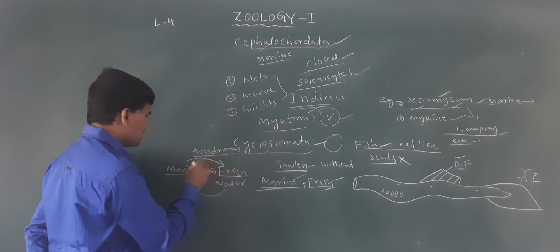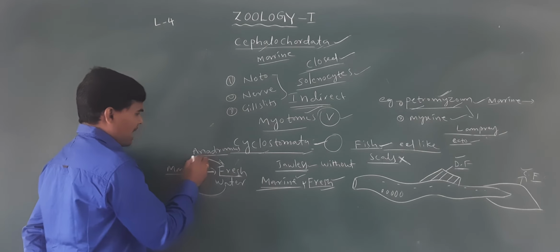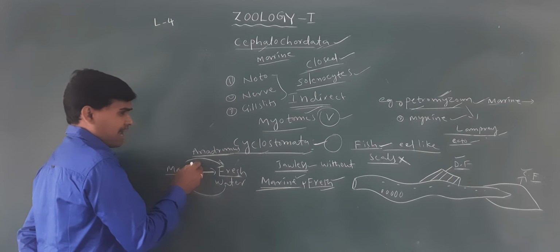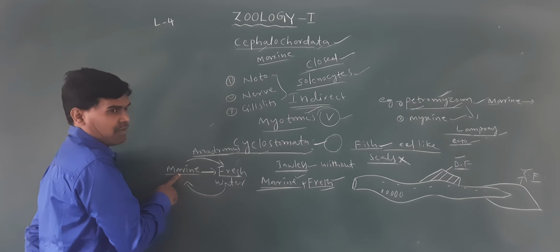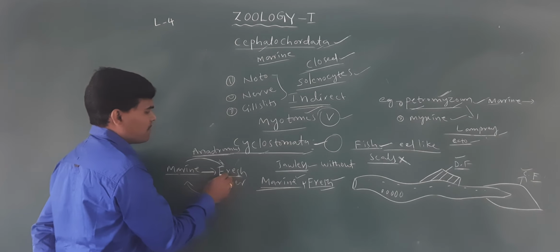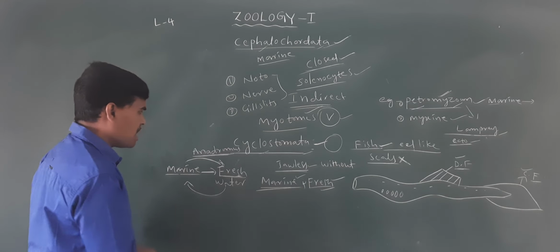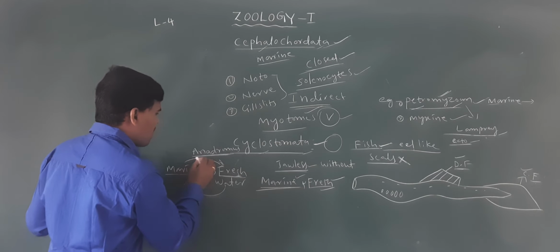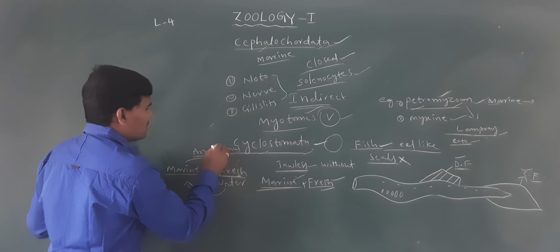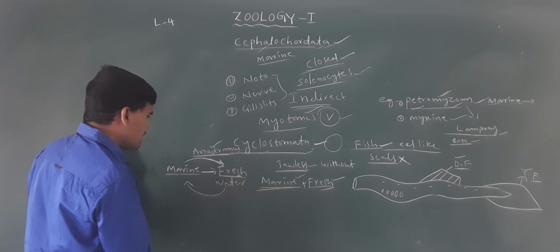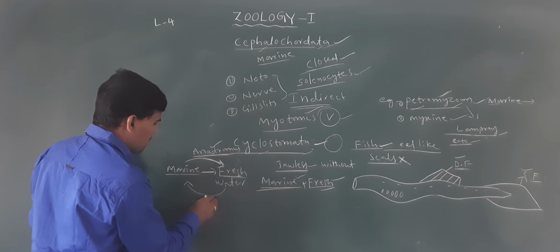What is anadromous migration? Once again, listen here. Anadromous migration means fishes stay a long time in marine waters and, for the purpose of reproduction or mating, move from marine water to fresh water. The second one is catadromous migration.